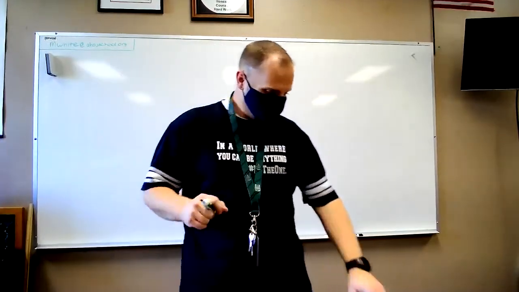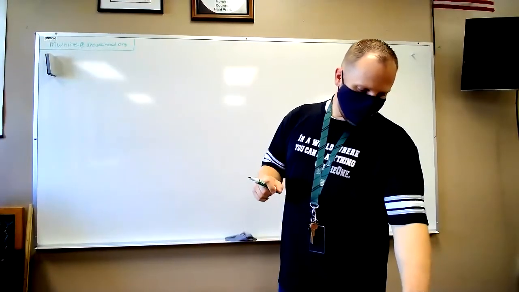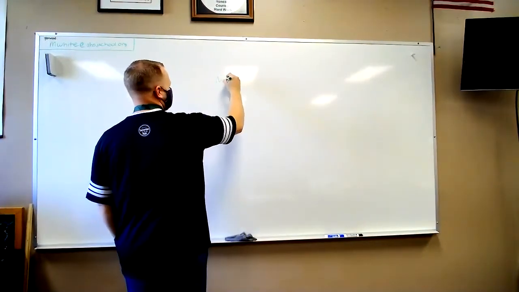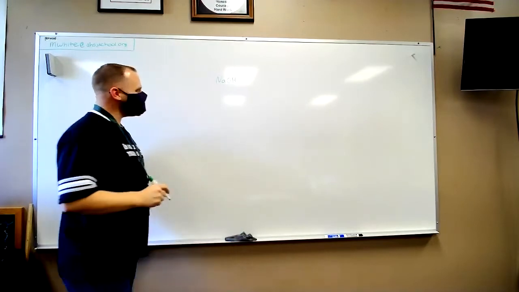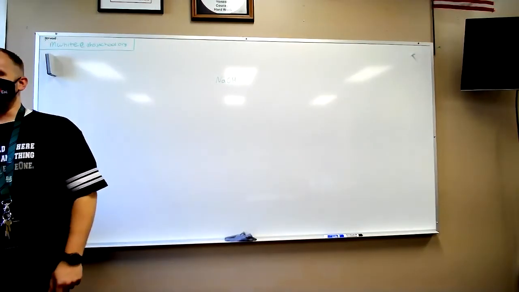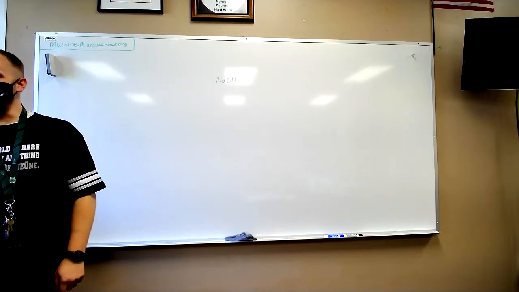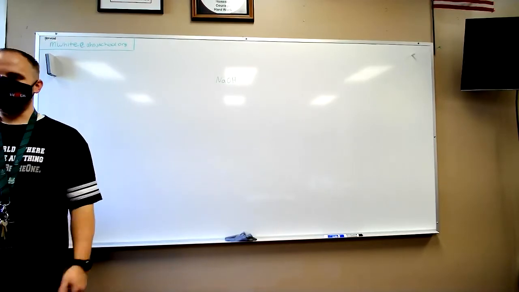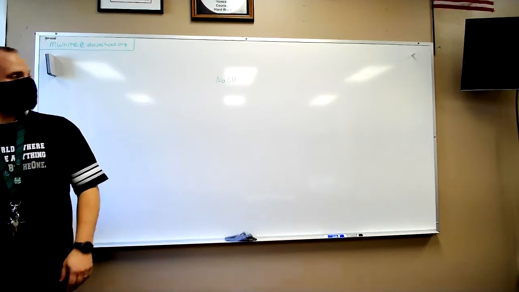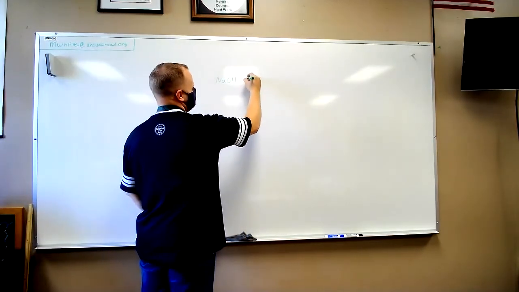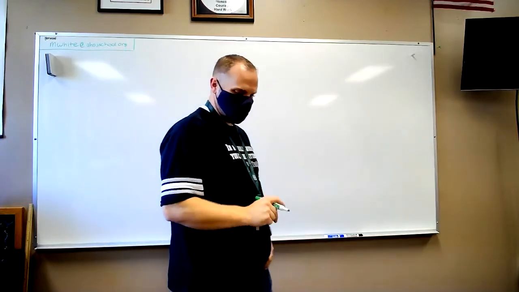Okay? So we have aqueous sodium hydroxide, which is an ionic compound. This is why we took the time to learn how to name ionic compounds, so that when we get to this point, we can pick them out. Okay? And it's aqueous, so we have the AQ.